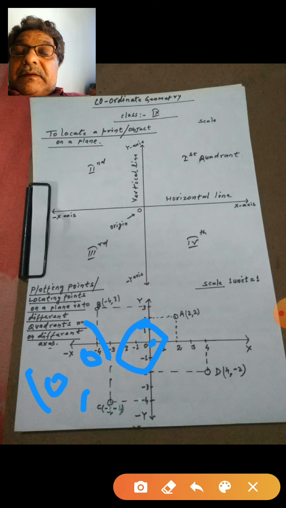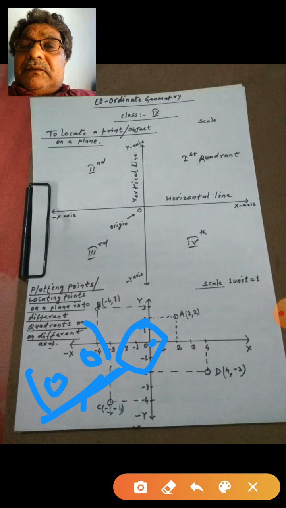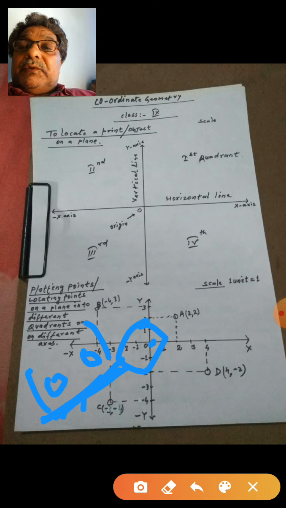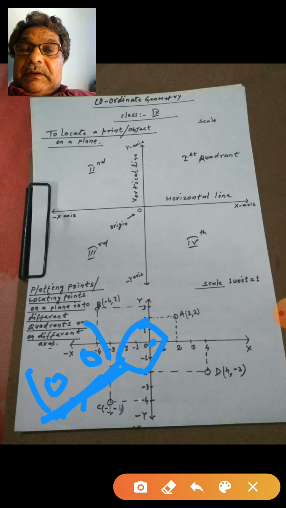Any student may say, okay sir, this point belongs to the origin, but my answer is this point belongs to both axes. This answer is also correct. We can reply that this point whose both coordinates are 0 belongs to the origin or to both the axes.